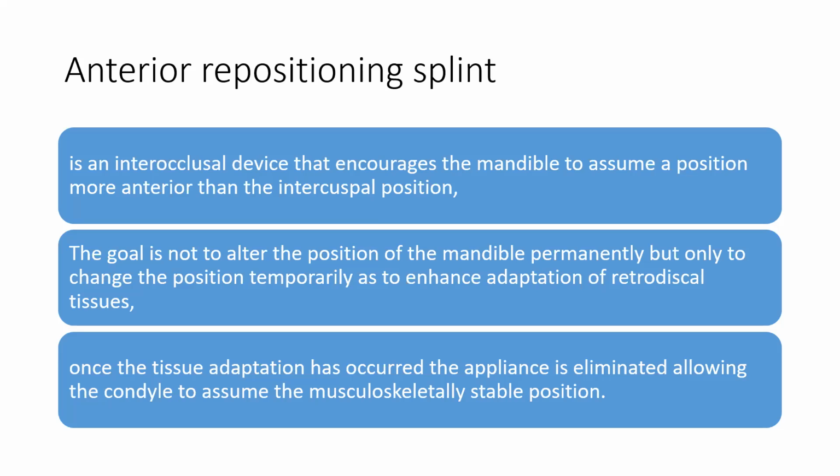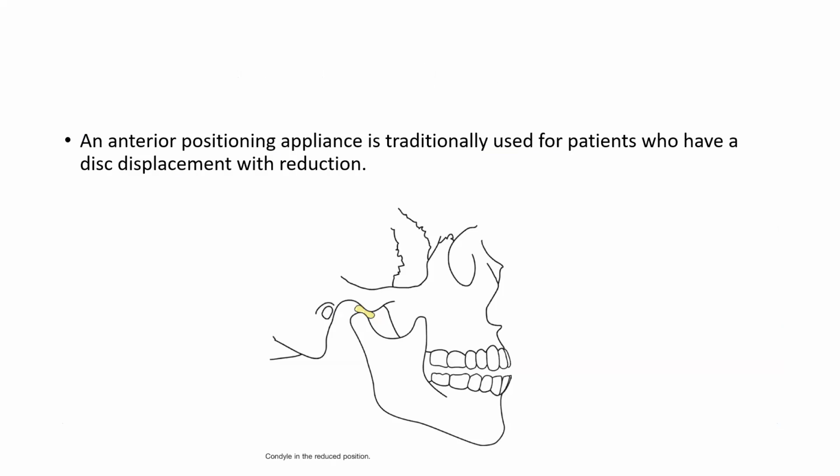And once there is improvement of this retrodiscal tissue, the anterior repositioning splint can be discontinued, and the condyle can be brought back to the original orthopedically stable position. This is the figure showing the anterior repositioning appliance, and it is generally used when the patient has displacement with reduction.